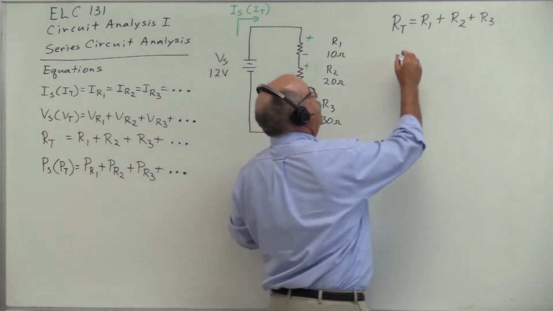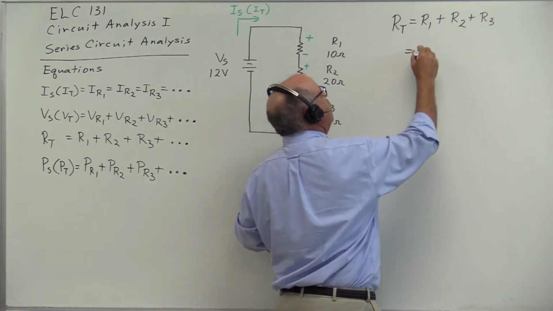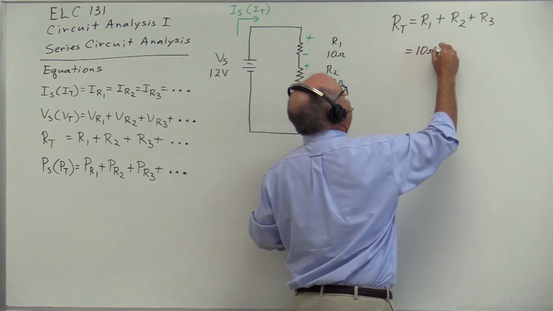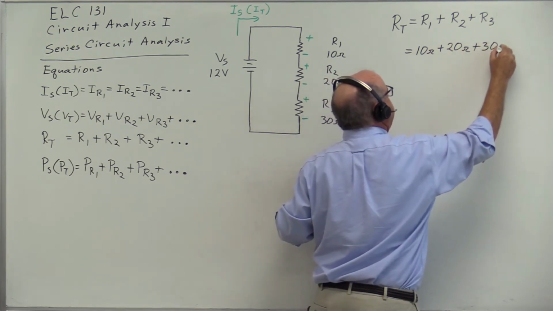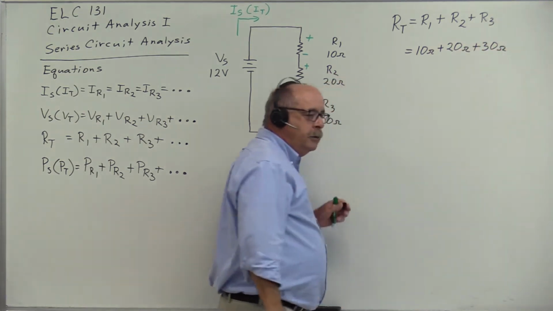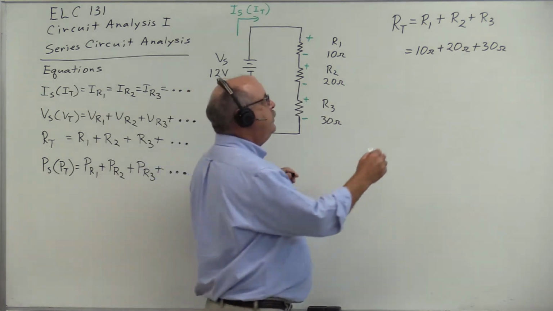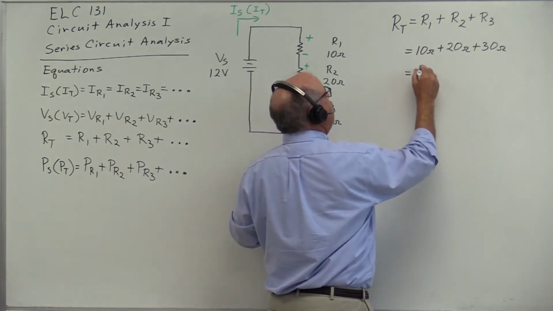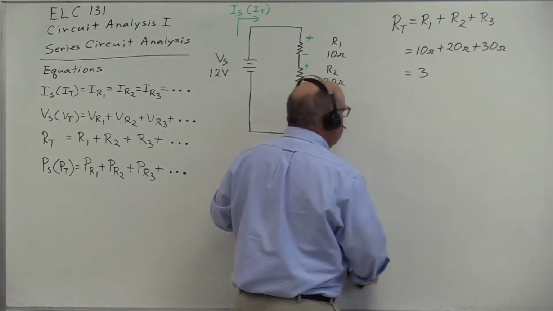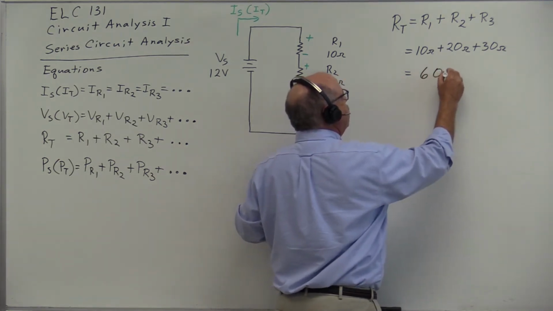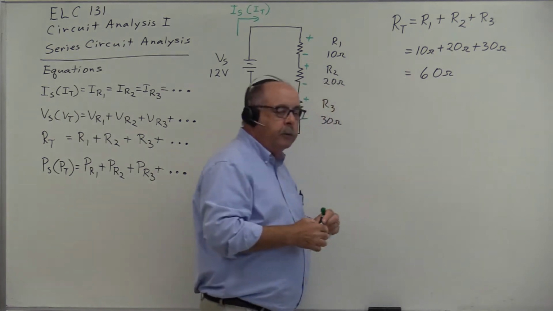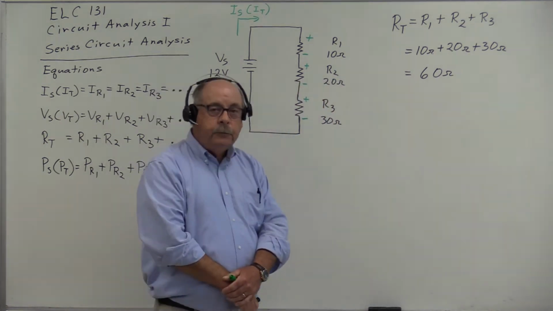After we express RT, we're going to substitute in our known values for R1, R2, and R3, and then solve for, in this case, a total resistance of 60 ohms.